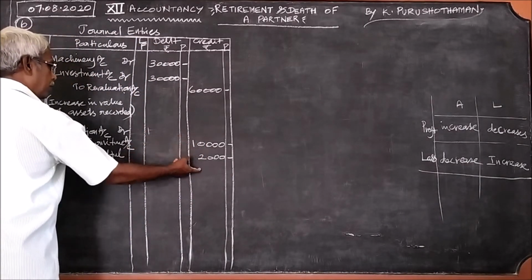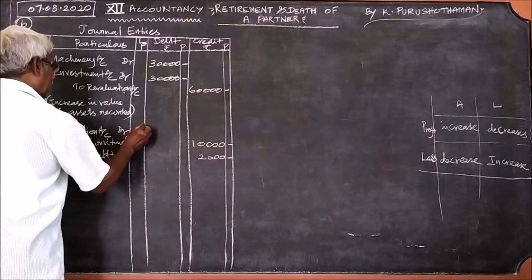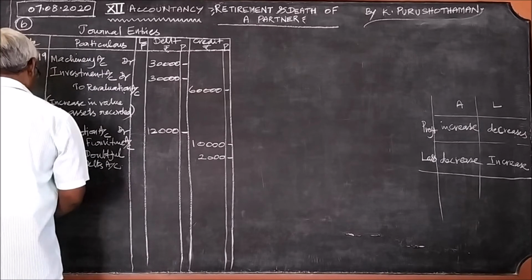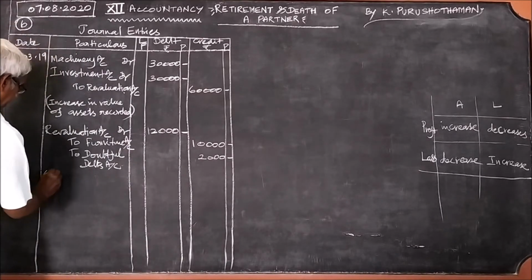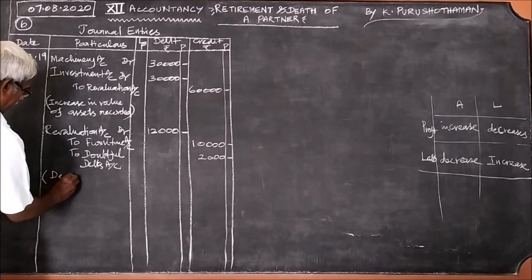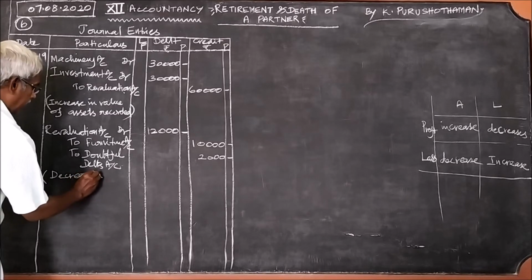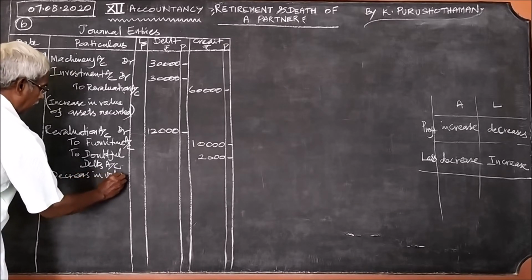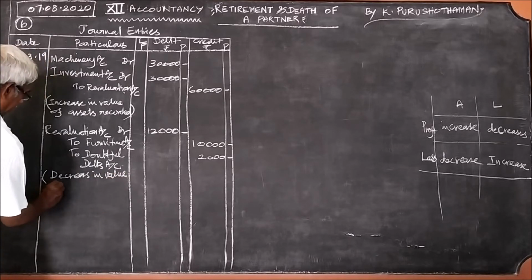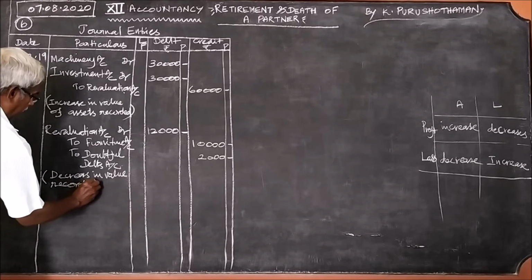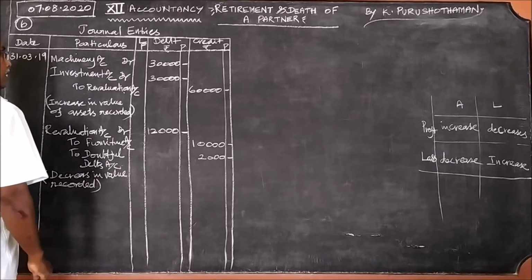Therefore, this credit amount 12,000, that also should be debited as 12,000. So, this is decrease in value recorded.